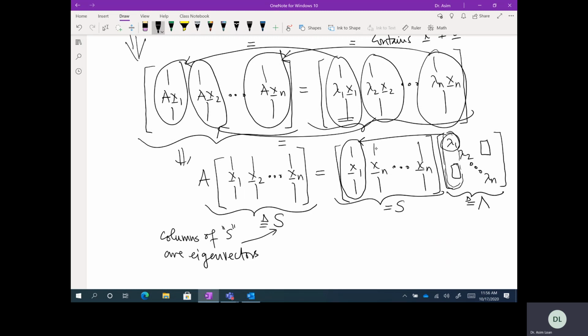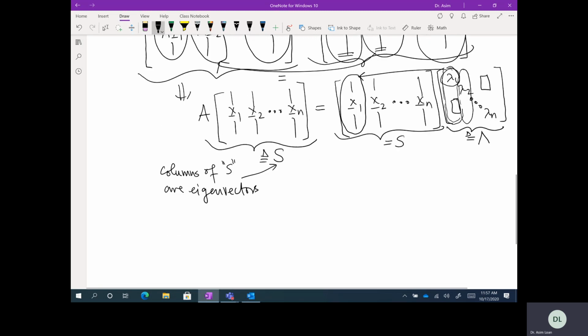Similar is the case when I multiply the second column. In the second column, the first element is a 0, so there is no contribution of x1. The only contribution is from x2, so it's lambda 2 x2, which is this column here, and so on and so forth. So this multiplication is all right, it's not a problem.